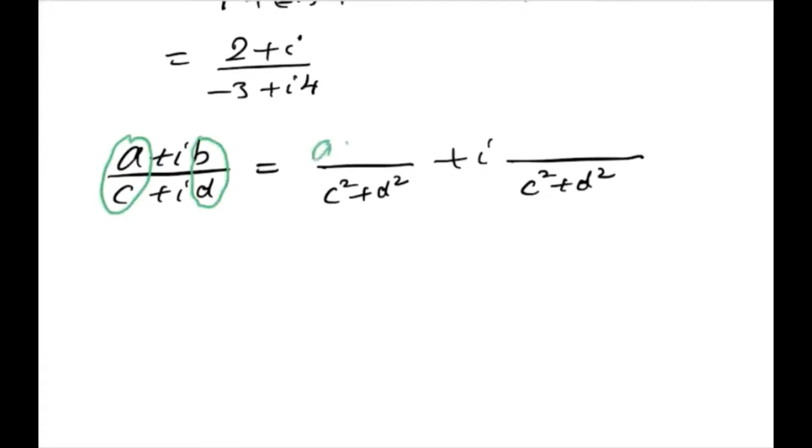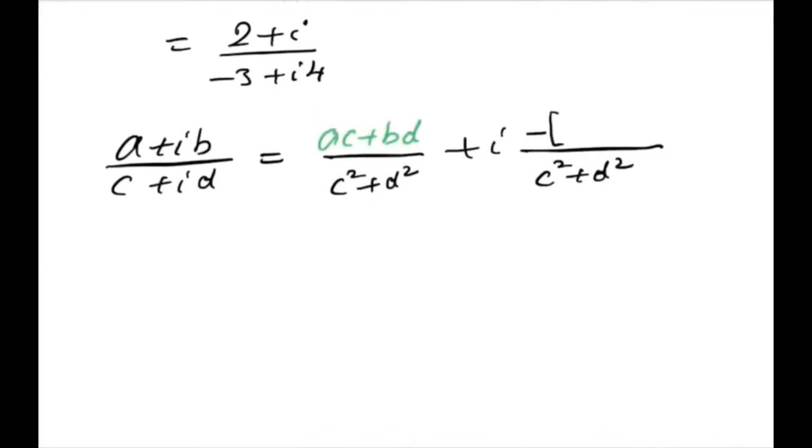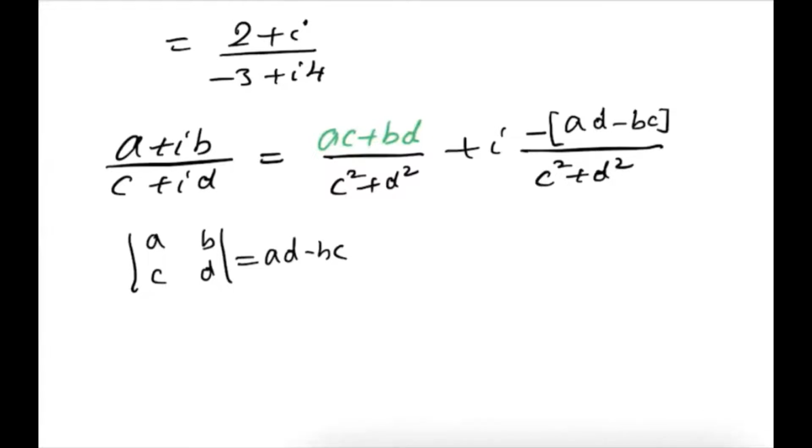That will be ac plus bd. You cannot ignore the signs here. For the imaginary part, you take minus of the determinant with rows a, b and c, d. That is ad minus bc, that is product of a and d minus product of b and c.